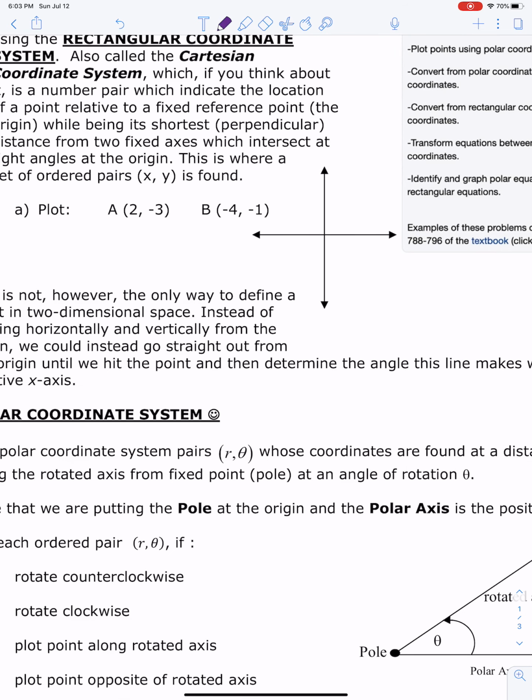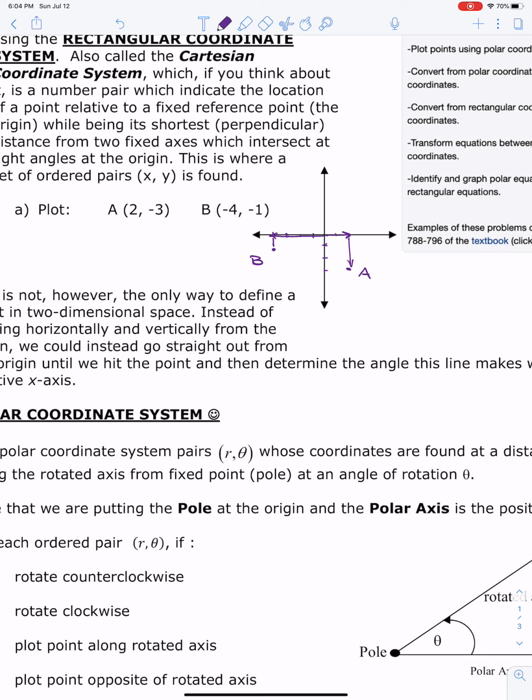Point A is (2, -3), so we go 2 to the right, 3 down, and here's our point A. B is (-4, -1), so we head to the left 1, 2, 3, 4, down 1, and here is B.